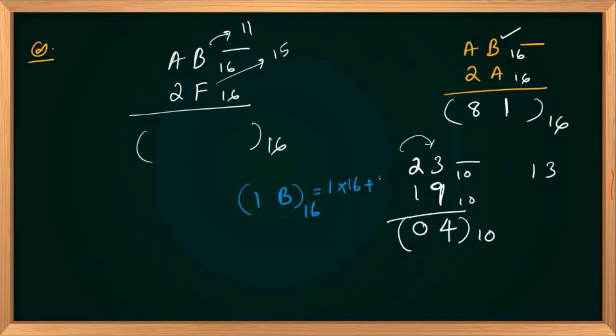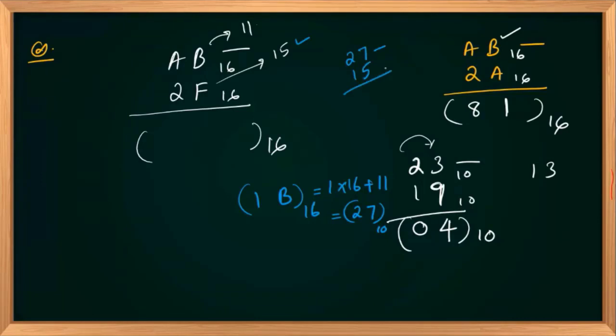B is 11. So 16 plus 11 is 27 decimal. So actually 1B is 27 decimal and you are subtracting F. F is equivalent to what? 15. So actually you're subtracting 15 from 27.